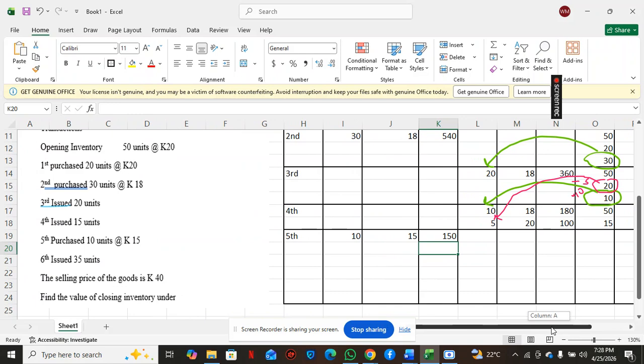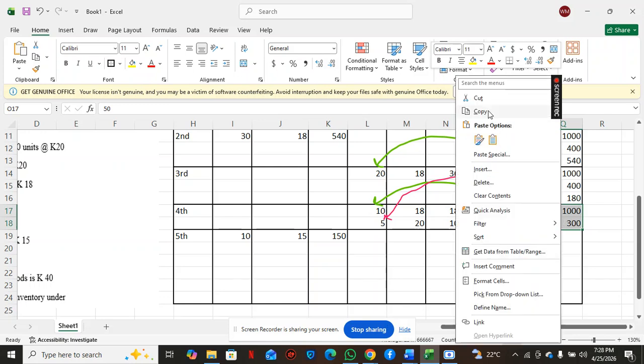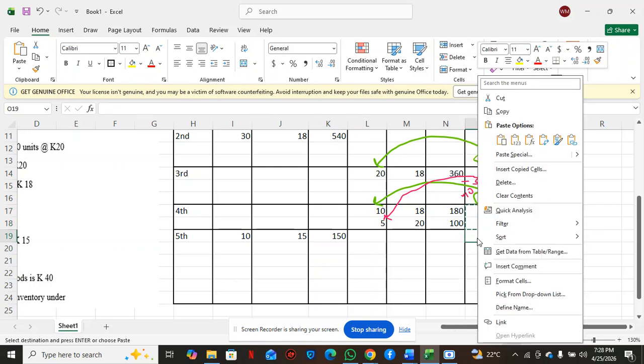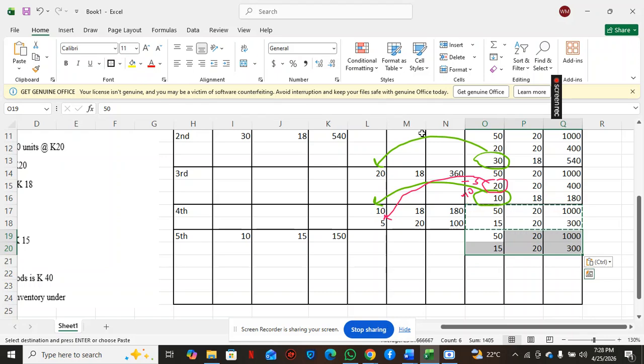Whenever there is a purchase, remember, you are just updating this balance section.